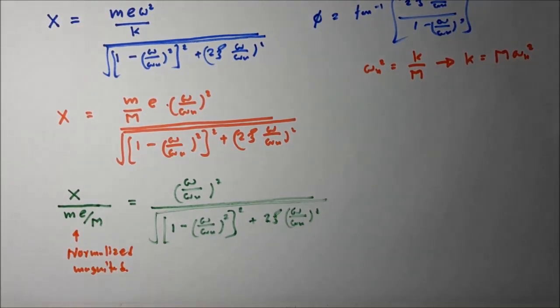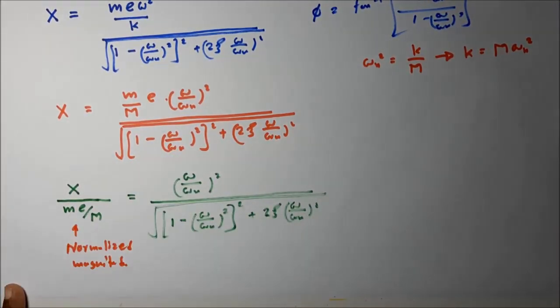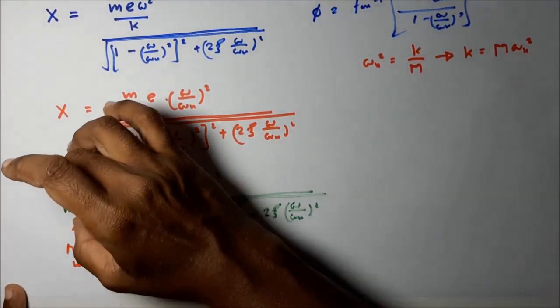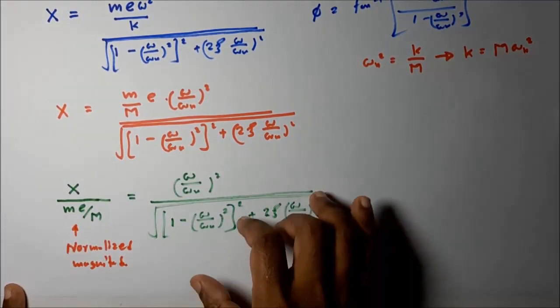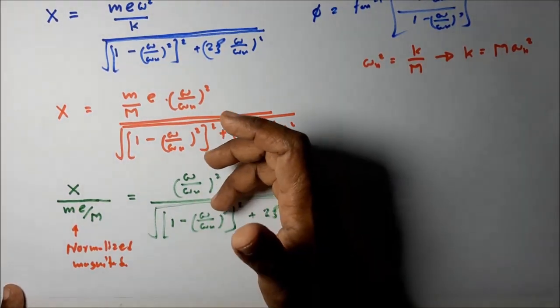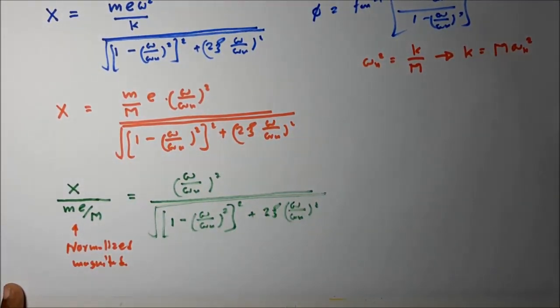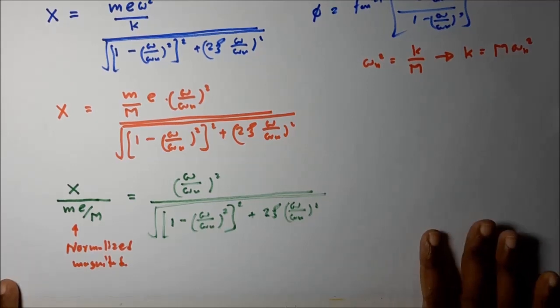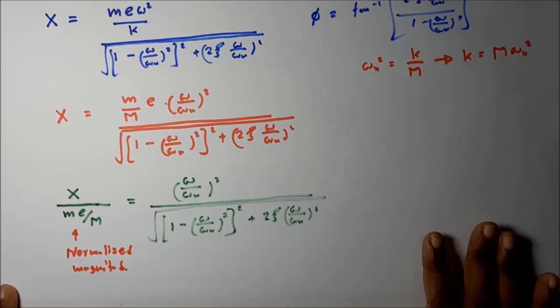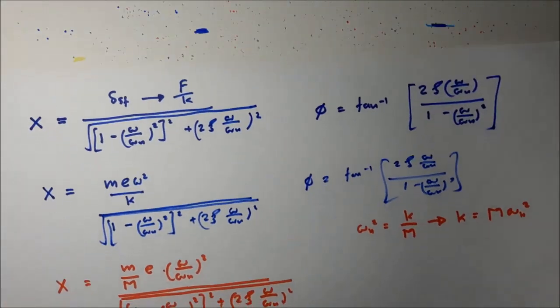That is the normalized magnitude. It is a measure of the magnitude of vibration, that is, the amplitude of vibration it represents. This normalized magnitude is a function of the frequency ratio. But in this situation it is slightly different from the forced damped vibration system.